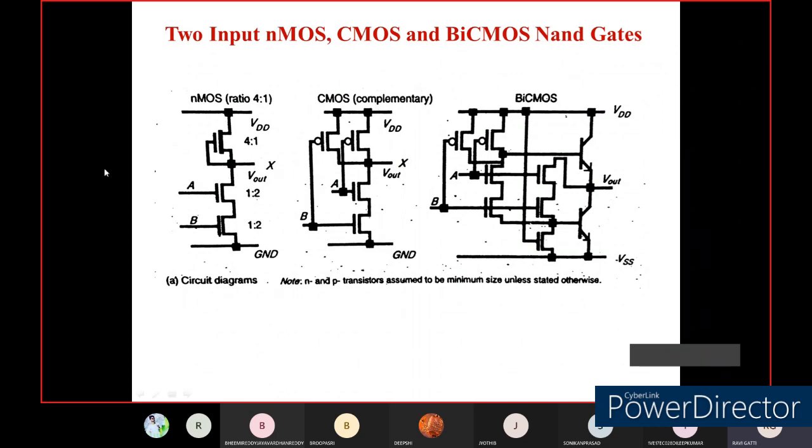As I told you, in NMOS transistors multiplication will be in series, whereas in CMOS technology it will be in parallel for the addition, and for multiplication it will be in series for your PMOS transistors. And these are the circuit diagrams for your NAND gate: this is the NMOS implementation, this is the CMOS implementation, and this is the BiCMOS implementation.